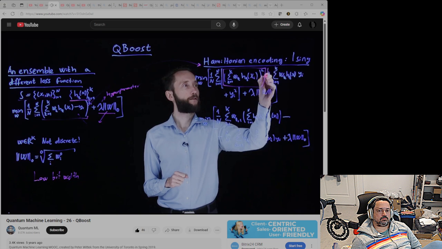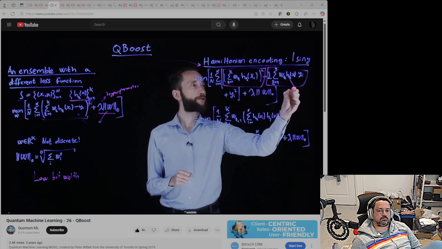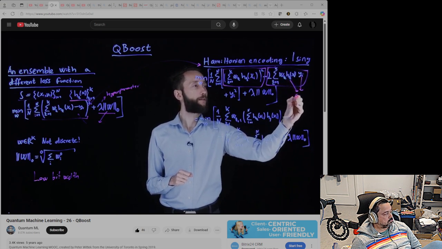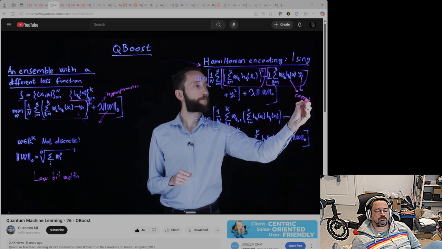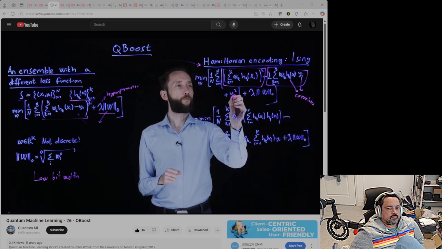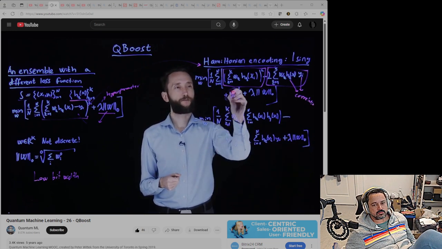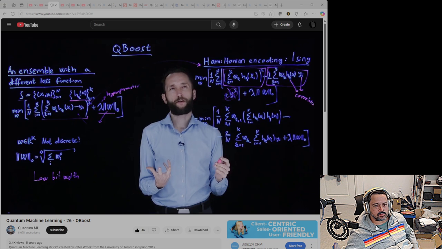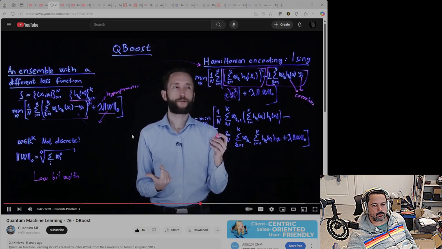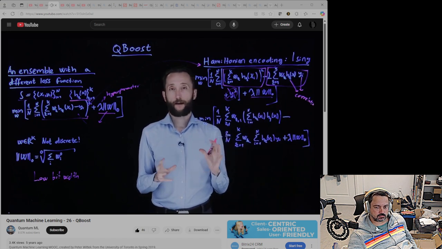Then I have this term, which measures the correlation between the output of a predictor and the actual label. We also have this term, which is just the label squared. We can get rid of it because there's no parameter in it, so it's not going to affect our minimization. And finally, we retain the regularization term as it was.